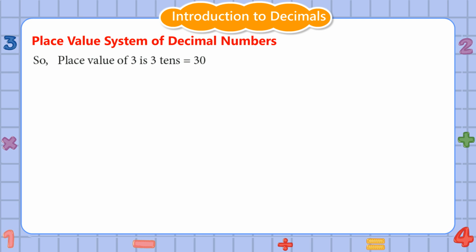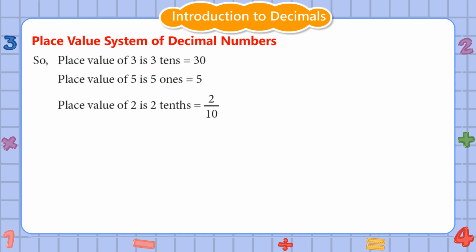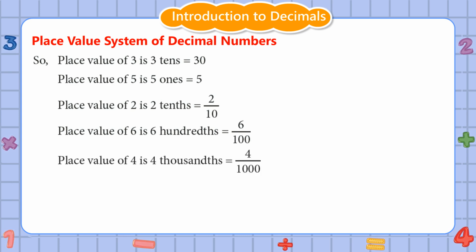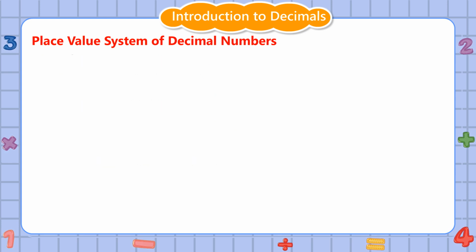So, the place value of 3 is 3 tens equal to 30. Place value of 5 is 5 ones equal to 5. Place value of 2 is 2 tenths equal to 2 upon 10. Place value of 6 is 6 hundredths equal to 6 upon 100. Place value of 4 is 4 thousandths equal to 4 upon 1000.